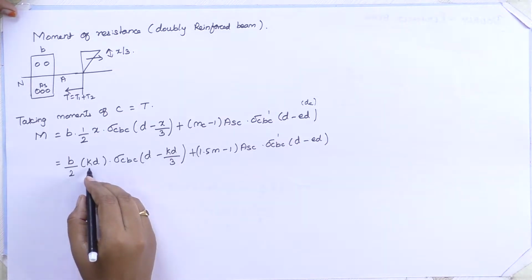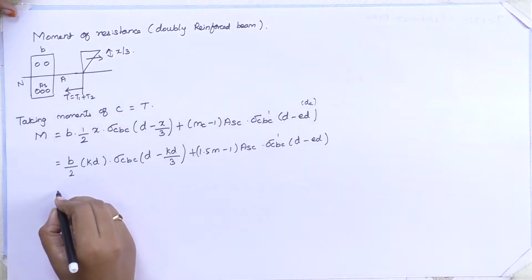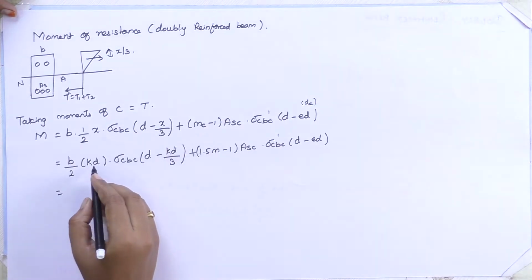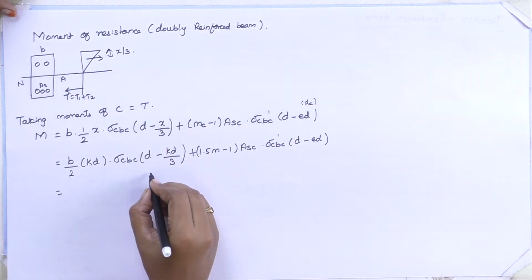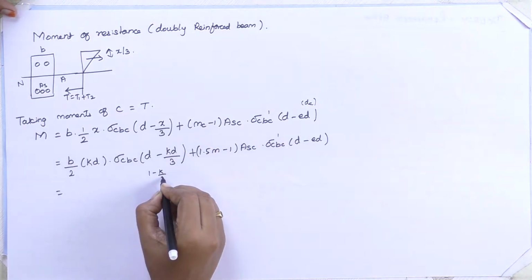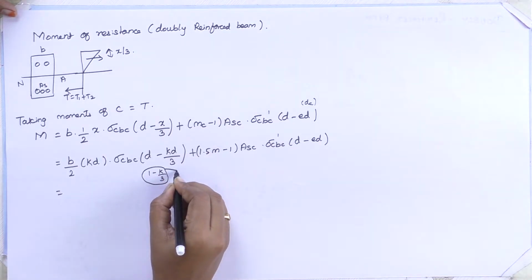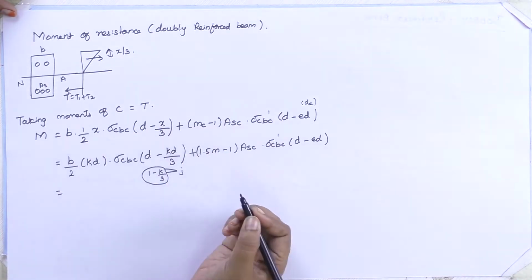Here, for kd, you can write 1 minus k by 3 as j.